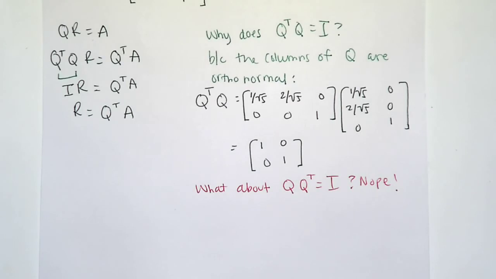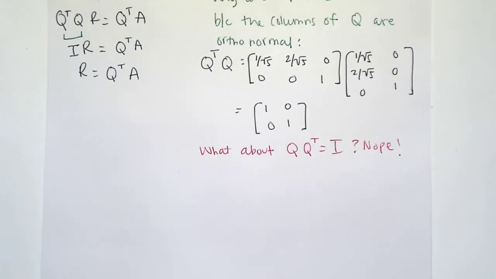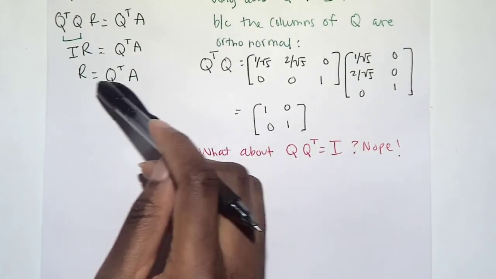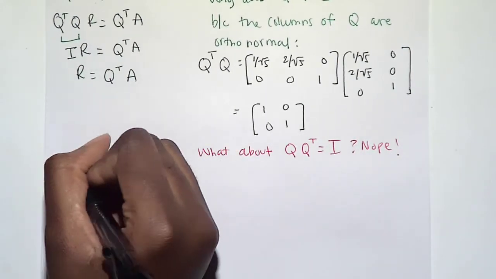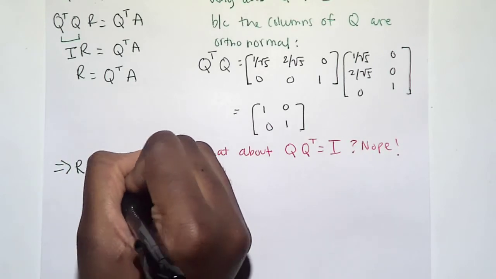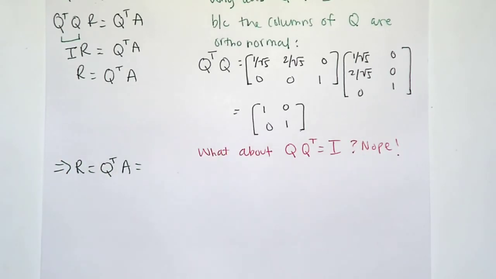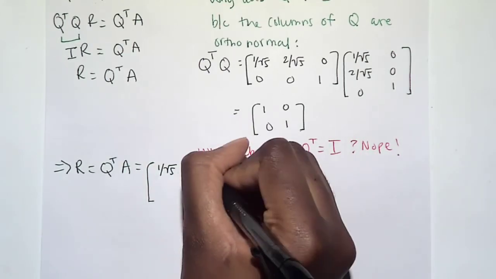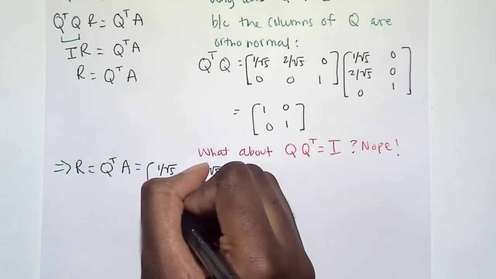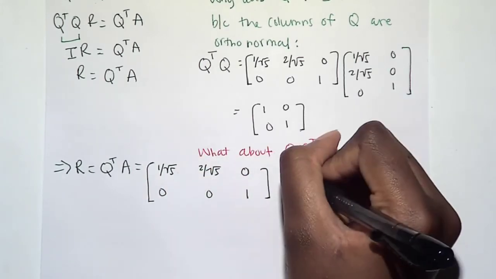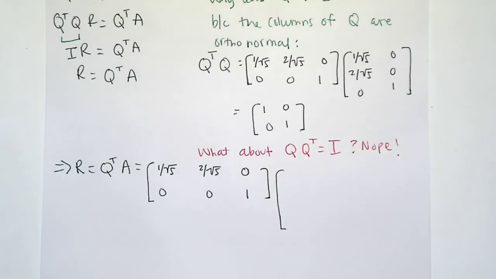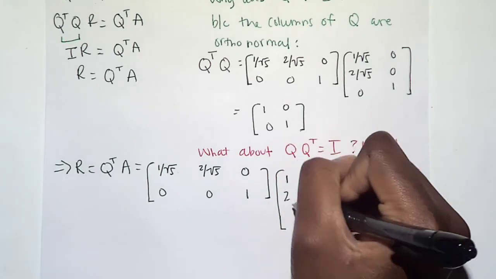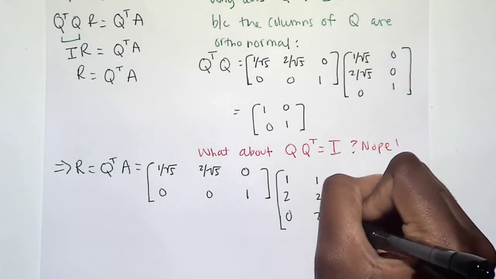Okay, normally I would end the video after 10 minutes, but we're almost at the end, so I'm just going to push through for a couple more minutes. So now let's go ahead and find R. We know a formula for R right now. R is Q transpose times our original A. So here's our Q transpose, and our original A was (1, 2, 0; 1, 2, 2).